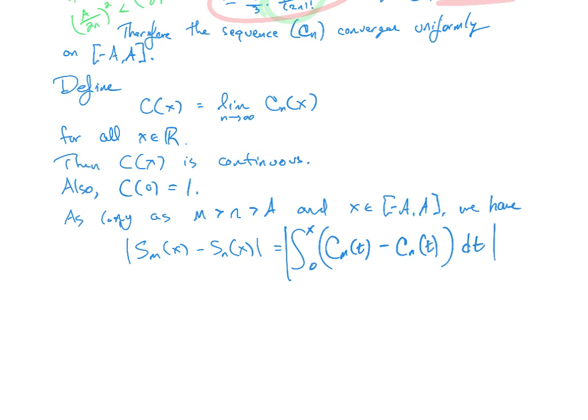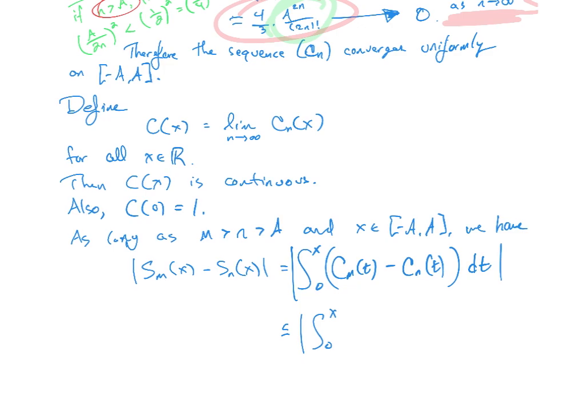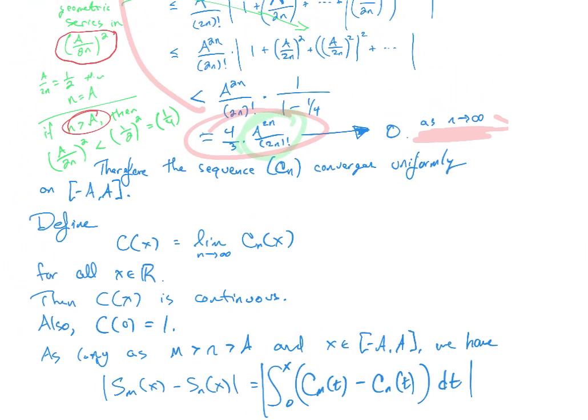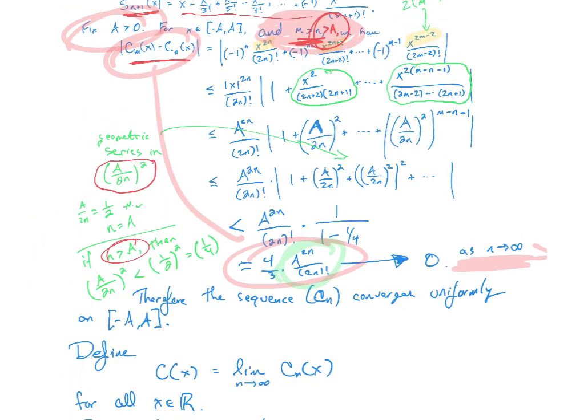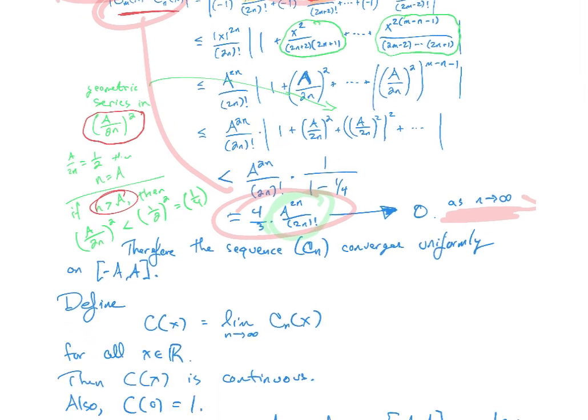Well, now we can use our bound. What is our bound? The difference between Cm and Cn is at most 4/3 a to the 2n over 2n factorial.